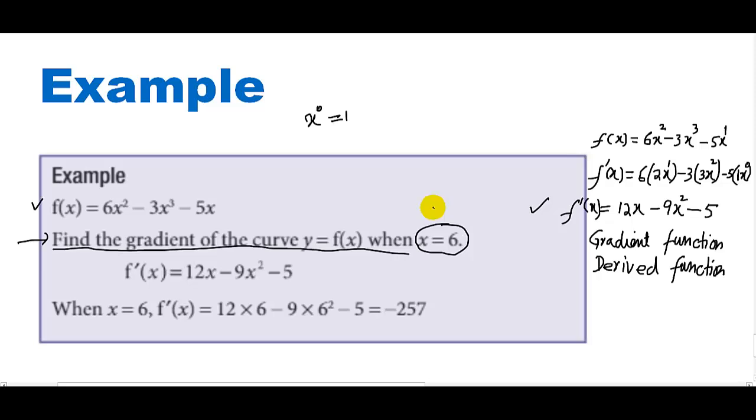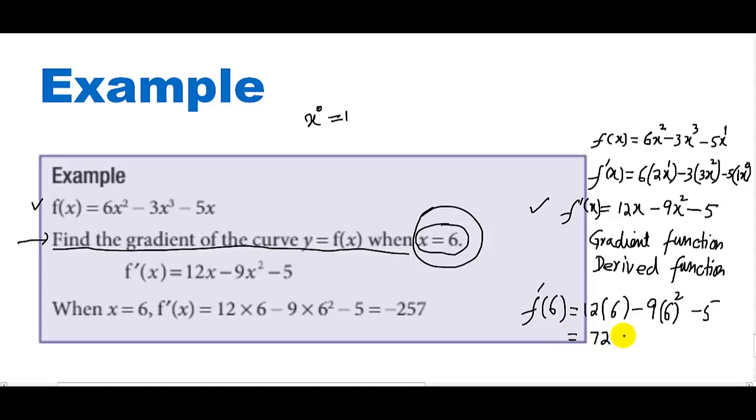So we have to find the gradient at x equal to 6. What we will do is put 6 in f dash of x. So 12 into 6, put 6 in x, 9 into 6 squared, minus 5. So it will be 72, 36 into 9.